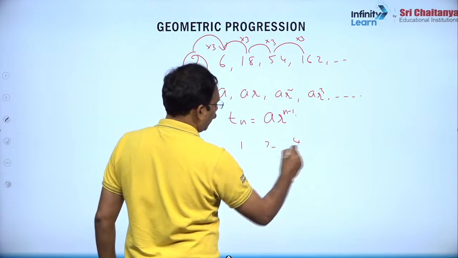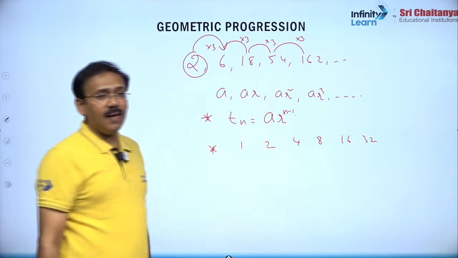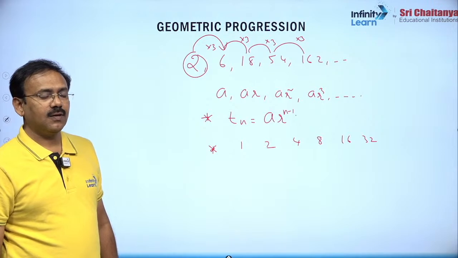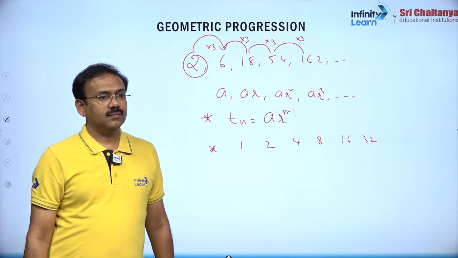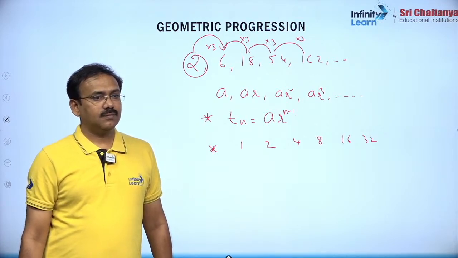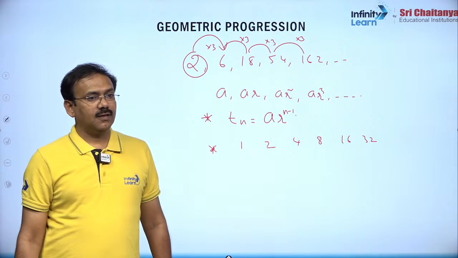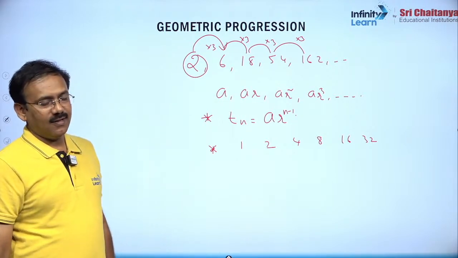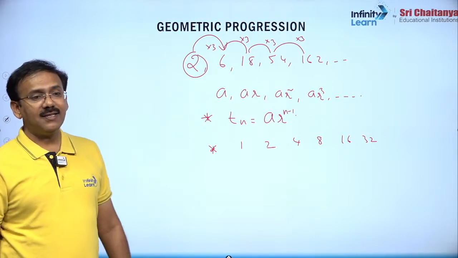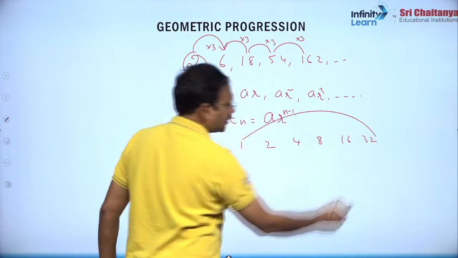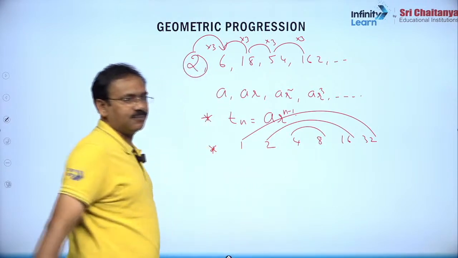1, 2, 4, 8, 16, 32. You see, like in AP, here 1, 2, 4, 8, 16, 32, the first number into the last number is going to be the product 32, this is 32, this is 32, right.